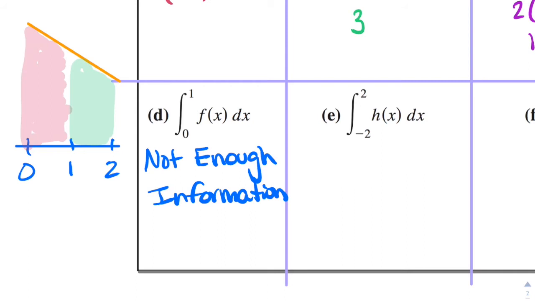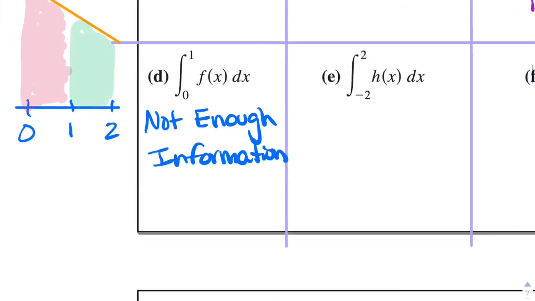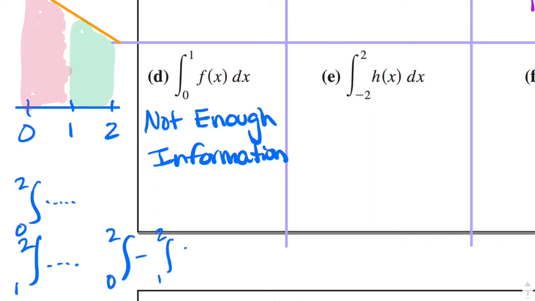Now, if I know the total area from 0 to 2, and I'm also given 1 to 2, then I'm able to say that 0 to 2 minus 1 to 2 is equal to 0 to 1.